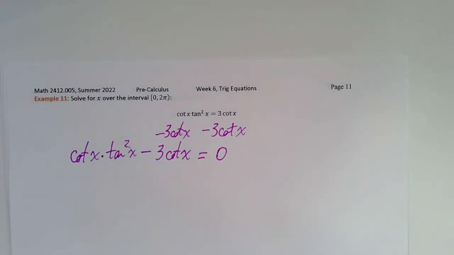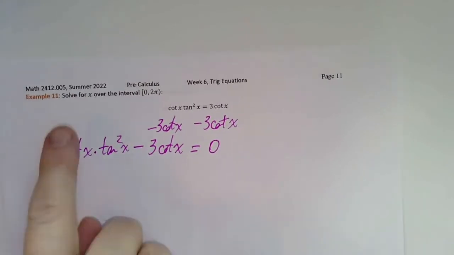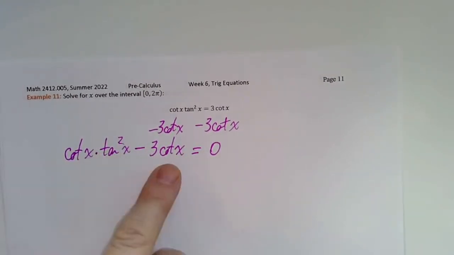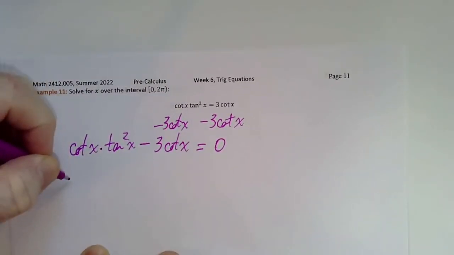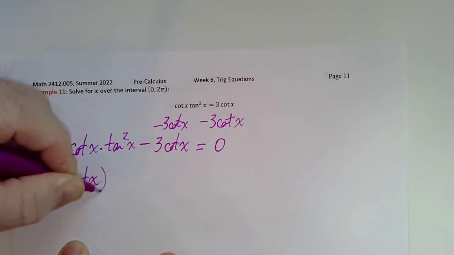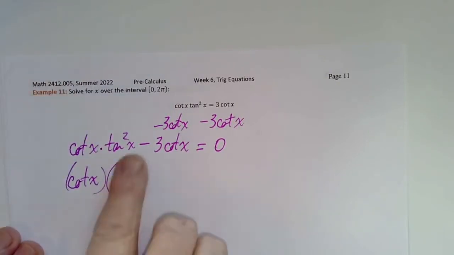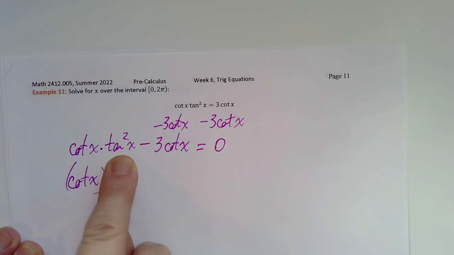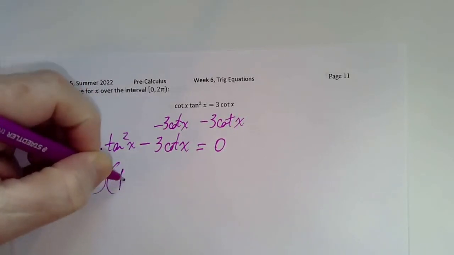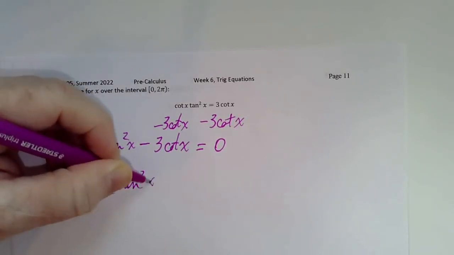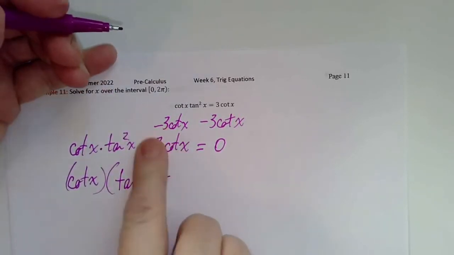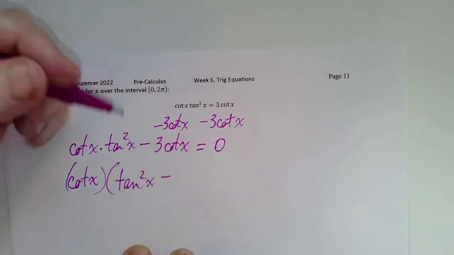Now, I do see that I have a common factor. I've got a cotangent x in both terms. So let's factor out that cotangent of x. In the first term, tangent squared x is left. And in the second term, the negative 3 is left.